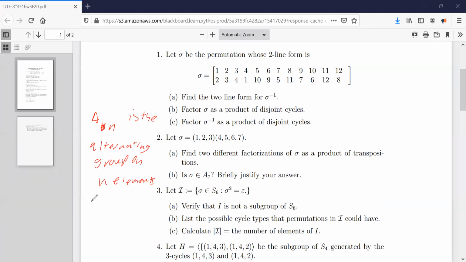Well, AN, first off, is always going to be a subgroup of SN, and it is comprised of all the even permutations.